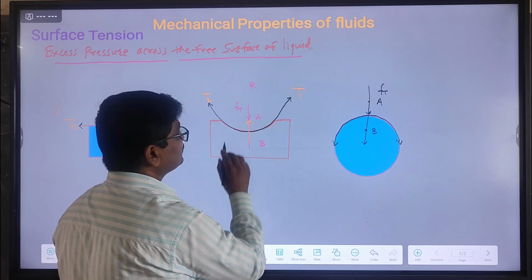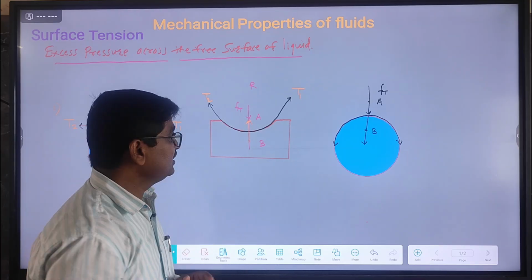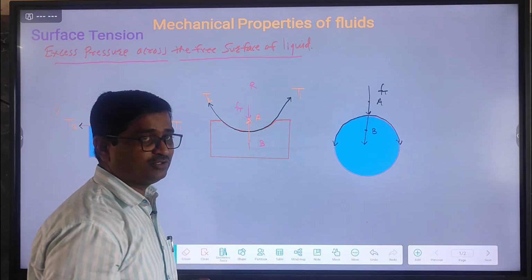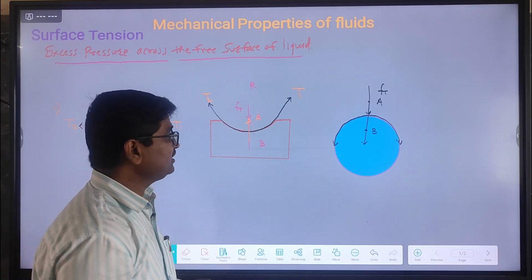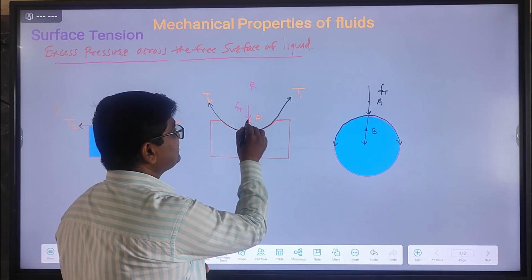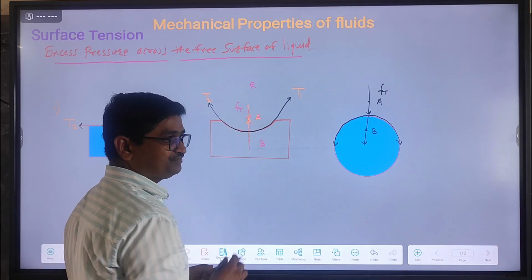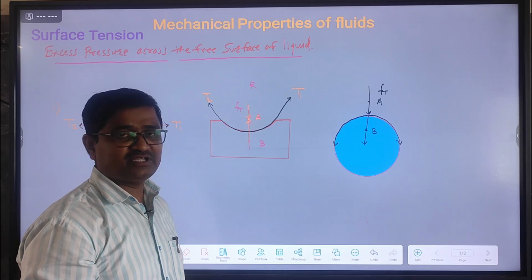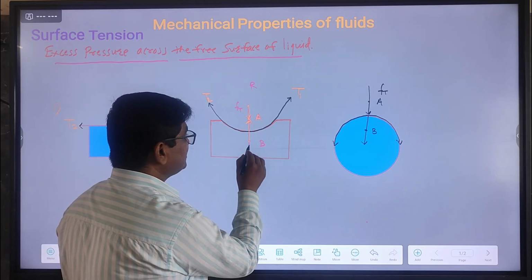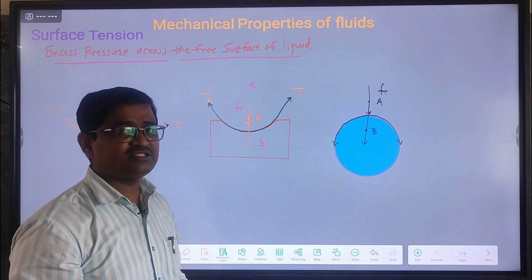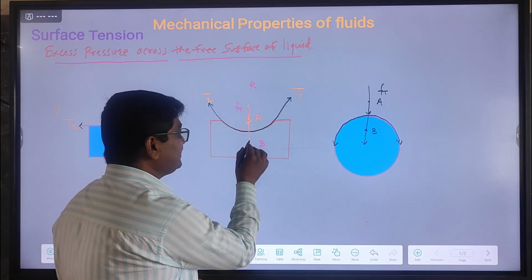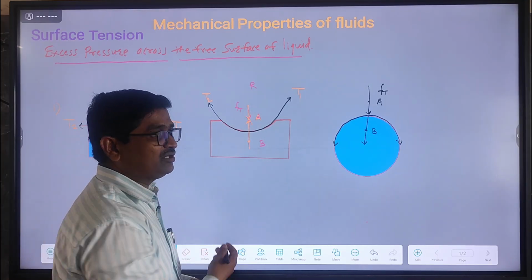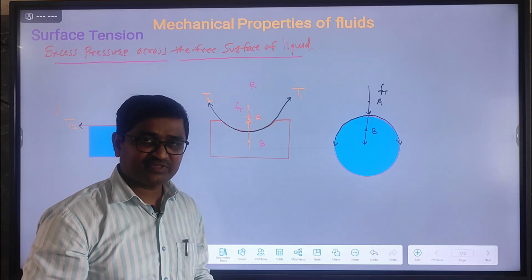Due to the atmospheric pressure, the total force experienced by molecule A is in the downward direction. Get it clear? And according to the concave shape of the free surface of the liquid, due to the resultant force, it is easy to know that the pressure inside the liquid will decrease and the pressure just above the concave surface will increase. Get it clear?